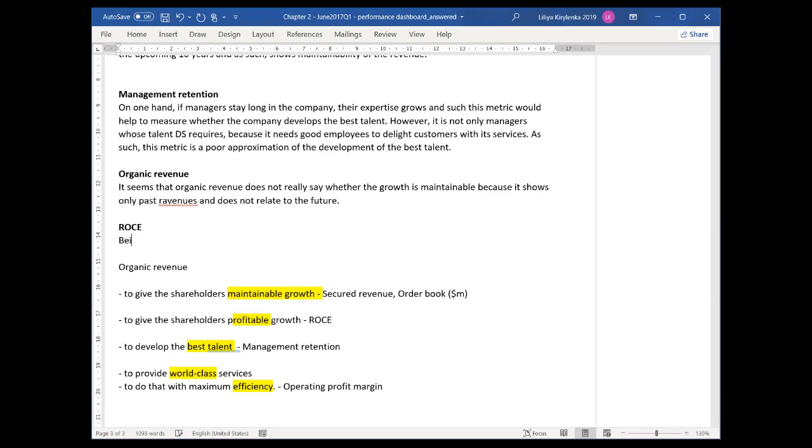Well, being a listed company, this needs to ensure it increases shareholders' wealth.